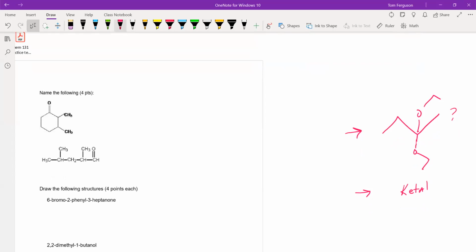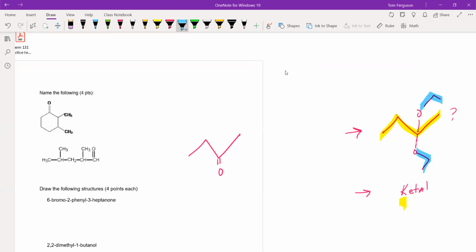All right, let's look into that. Okay, so you've got a backbone. And because it's a ketal, you're going to start with a ketone with that same backbone. And we have 1, 2, 3, 4. Okay, and then a ketal has alcohol added.